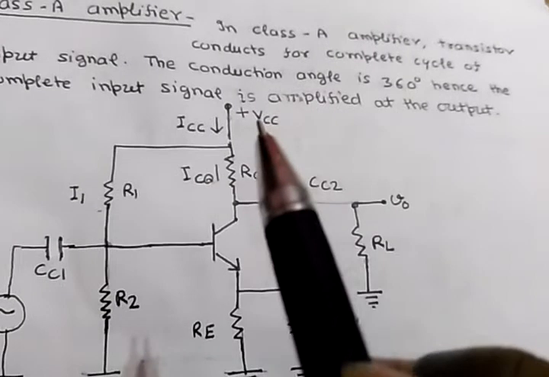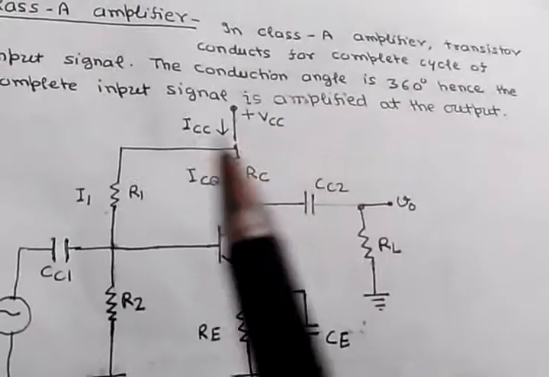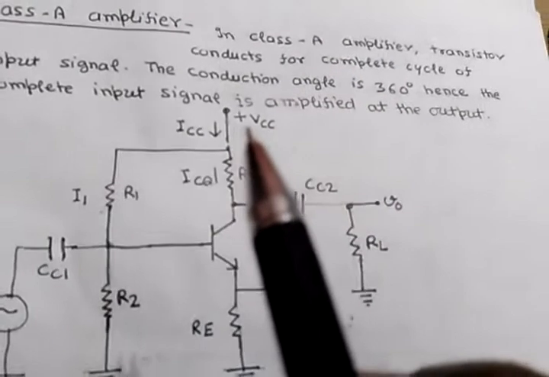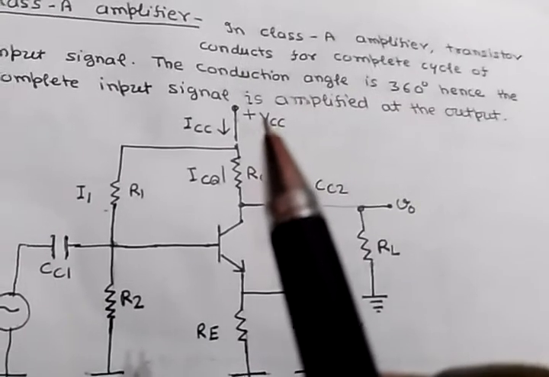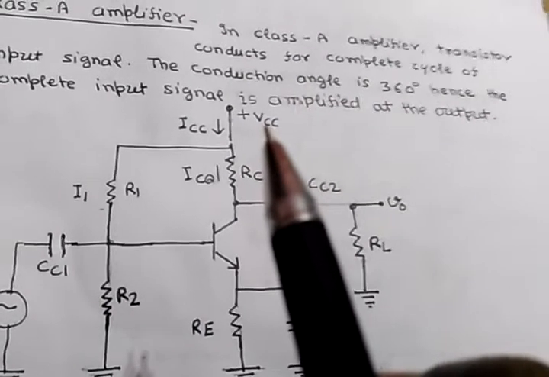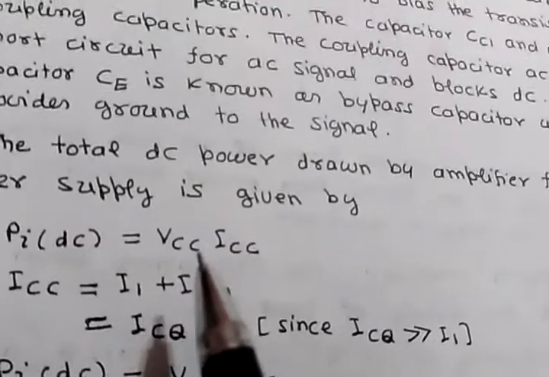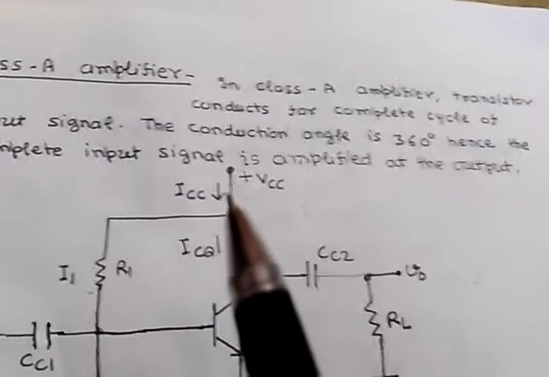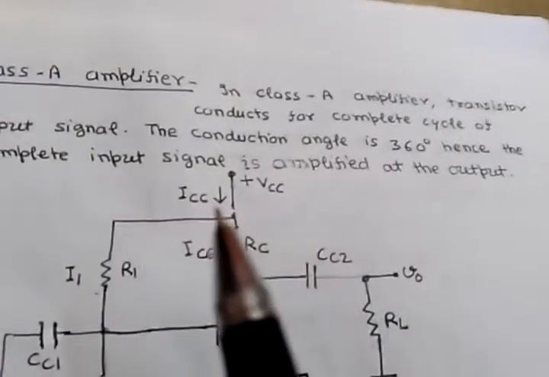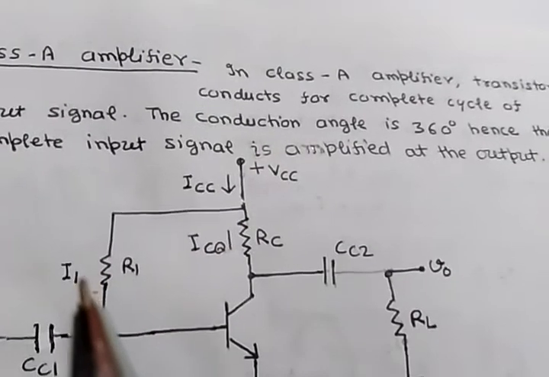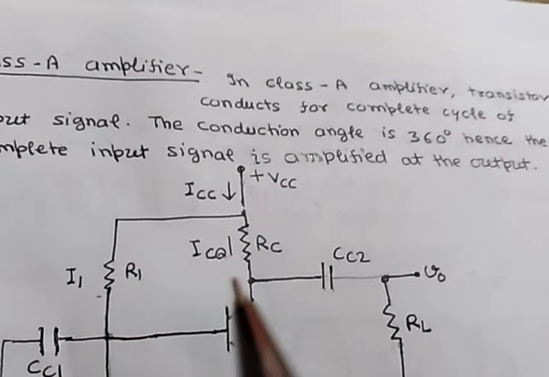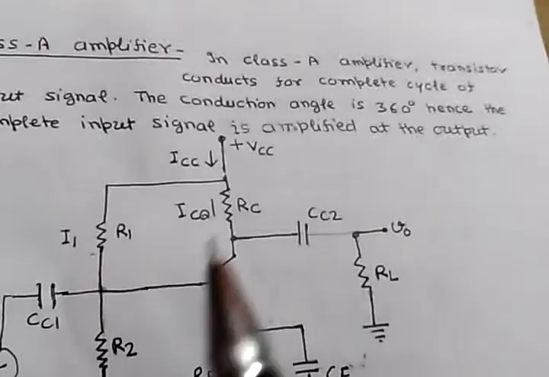If we multiply VCC and ICC, we can get the input DC power drawn by the amplifier. So PIDC equals VCC ICC, and see here ICC is equal to I1 plus ICQ.